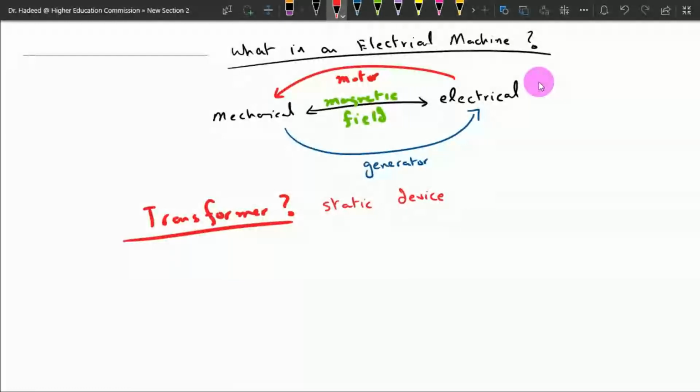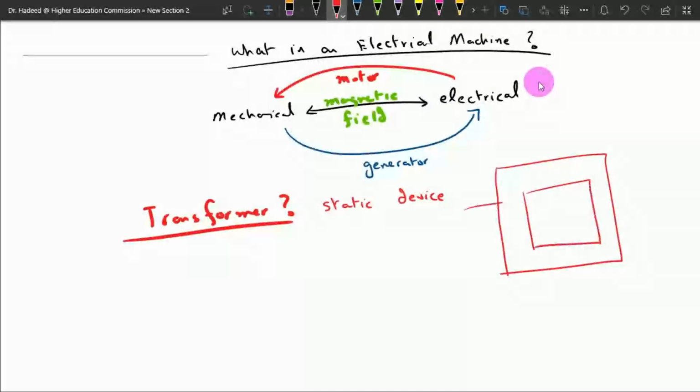However, the voltage transformation from the primary side to the secondary side depends entirely on the magnetic field, and therefore alongside the pure electrical machinery, we also study the transformer in this course.